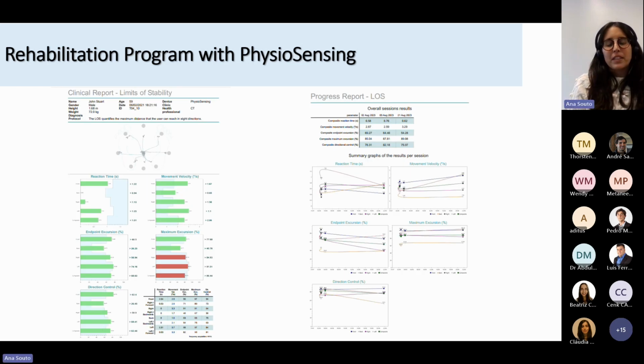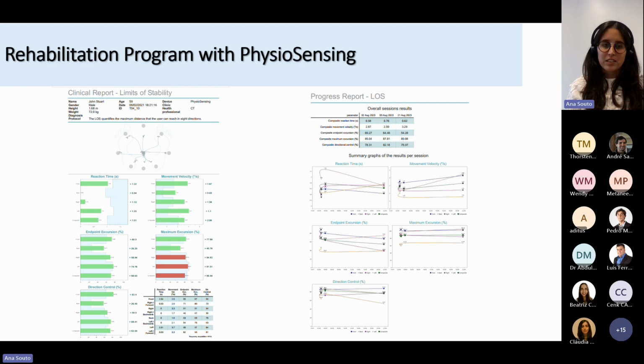Another important topic: every assessment protocol gives you a clinical report with those parameters that are assessed. And if you already have a previous session, you will get a progress report comparing each parameter from each session.